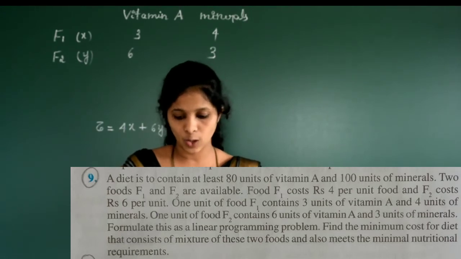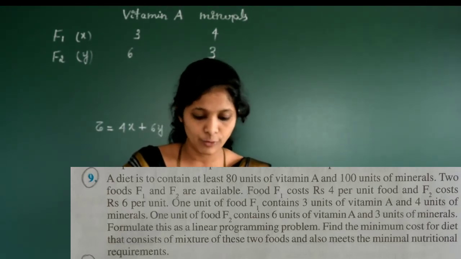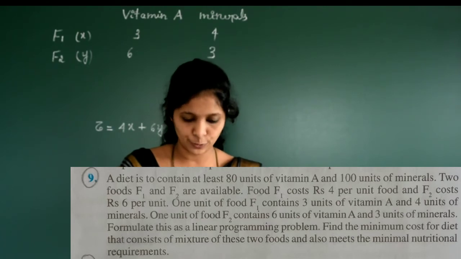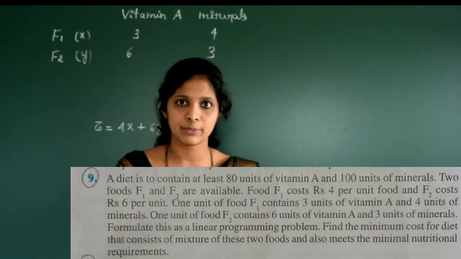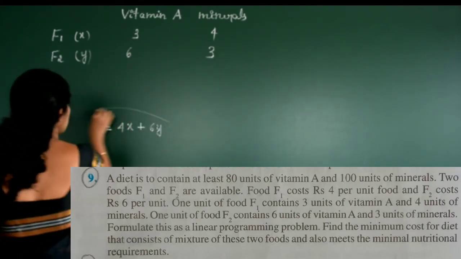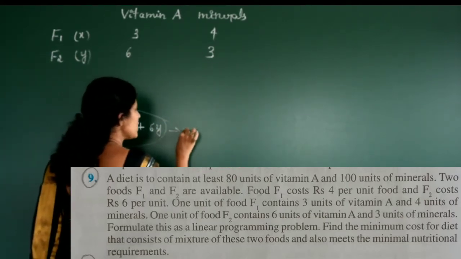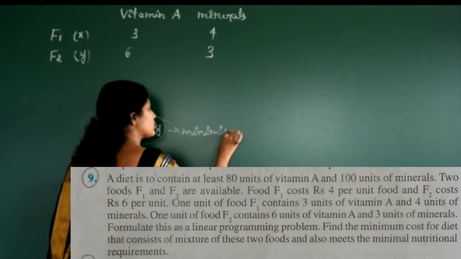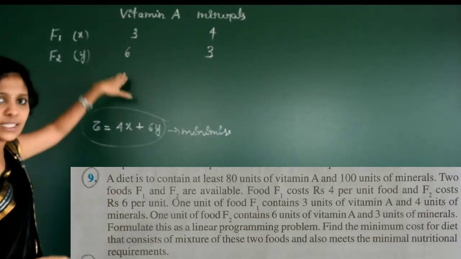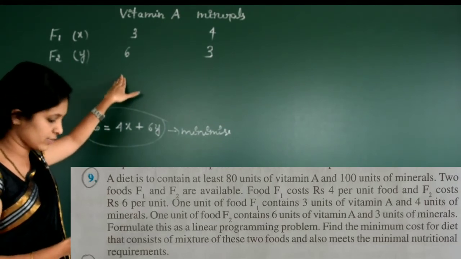Find the minimum cost for the diet that consists of a mixture of these two foods and also meets the minimal nutritional requirements. I mean, you have to find the minimum value for this one. So we need to minimize this, but one thing is missing, right? You have to check with the constraints.